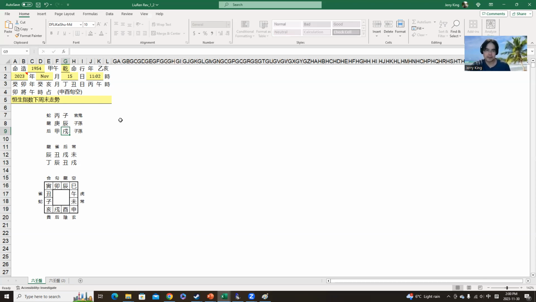I could talk forever, but the void does have a significant impact on Daliu Ren. It also does have a significant impact on Qimen Dunjia. It's ideal that the void is not part of the subject matter, whether it's the individual or the direction that the person is headed towards, right?